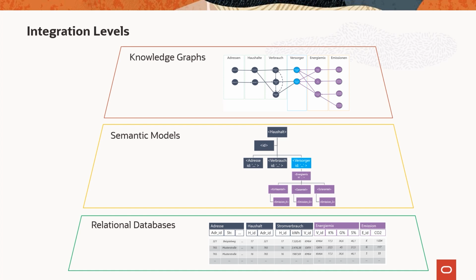So semantic web technologies and knowledge graphs also came into our mind and our view. They offer a high level approach using ontologies and are capable of integrating different types of data sources.